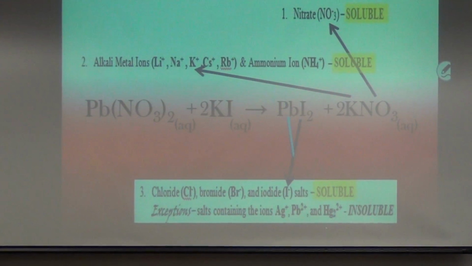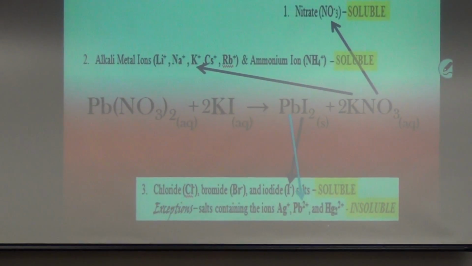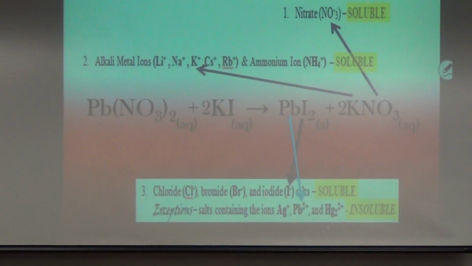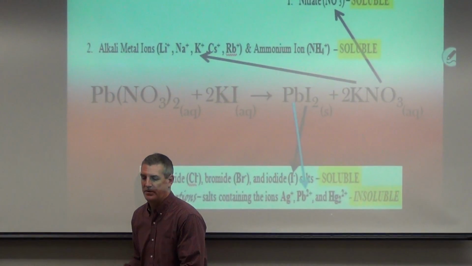So that means it's not soluble because it's one of the exceptions for the halogens. If it's not soluble, it's going to form a solid. If a solid forms, that means a reaction has taken place.